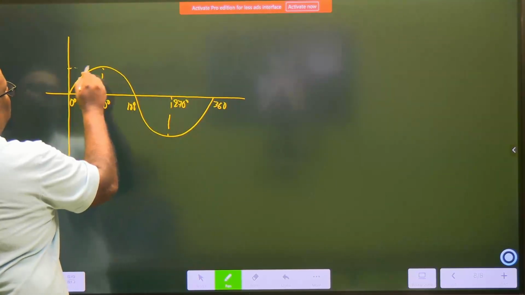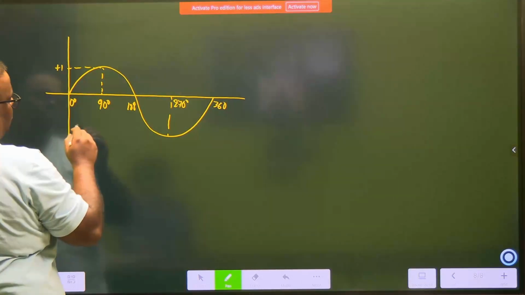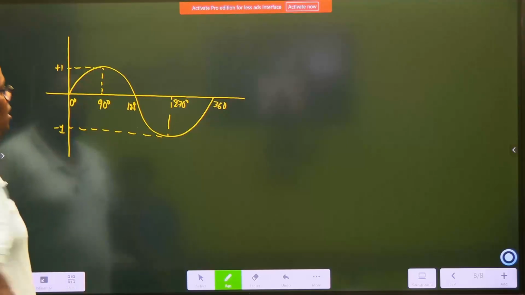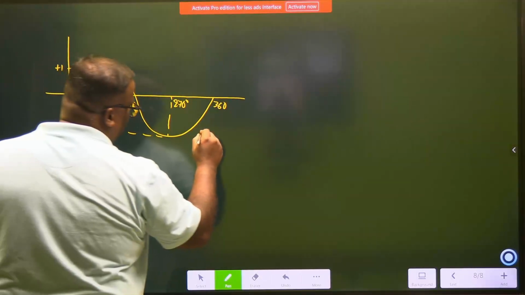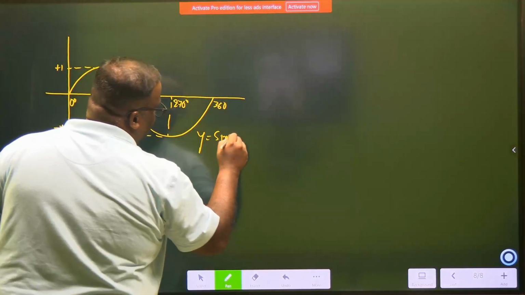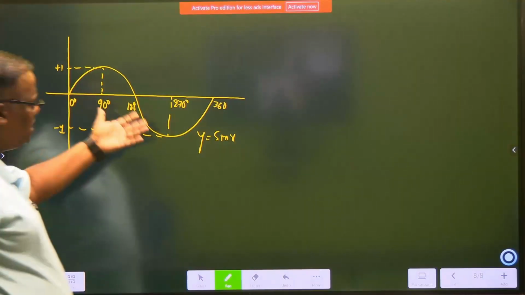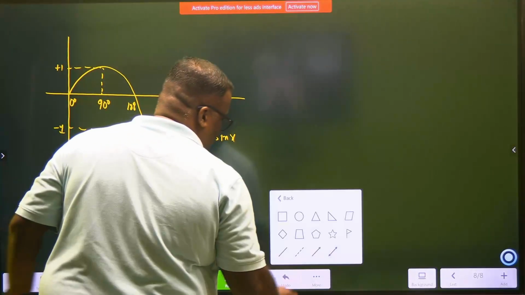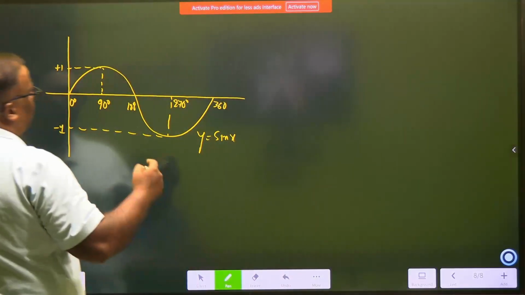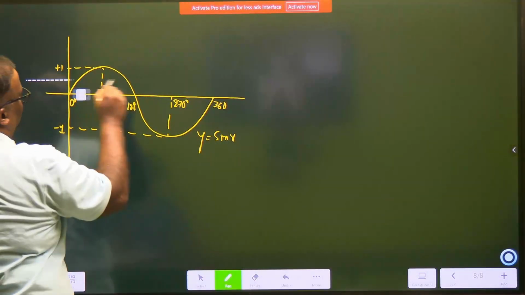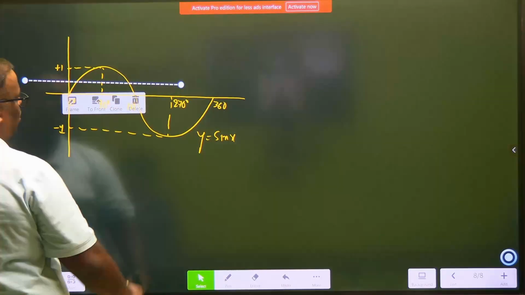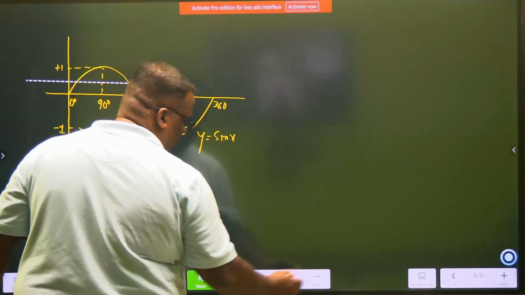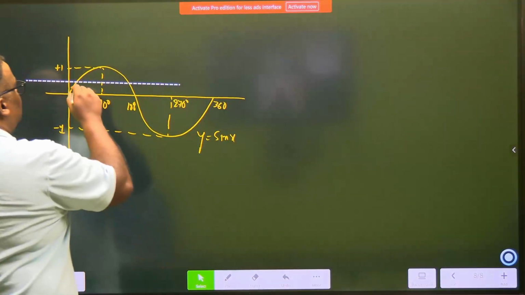Here the value will be +1 as the maximum value, and here the minimum value will be -1. Now we all know this is a sine curve, y equal to sine x. Now our first question comes, sir, is this a function? Yes, this is a function. Draw a vertical line, it satisfies. But sir, is this a 1-1 function? For a 1-1 function, we will make a check out here. Draw a horizontal line. Sir, we drew a horizontal line. The horizontal line has given us two inputs.